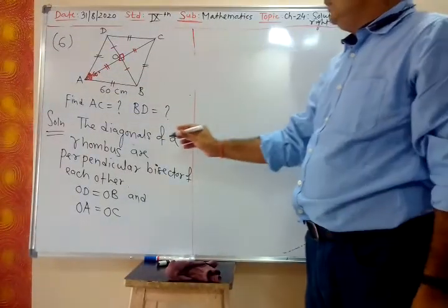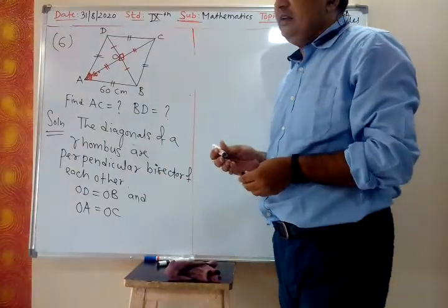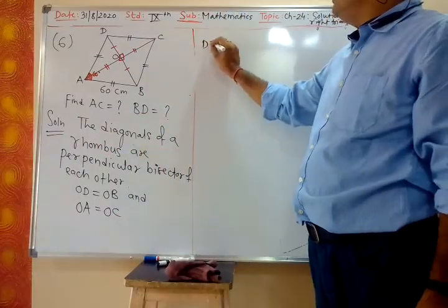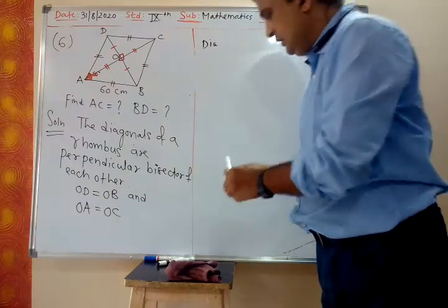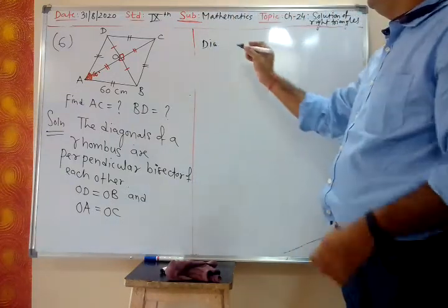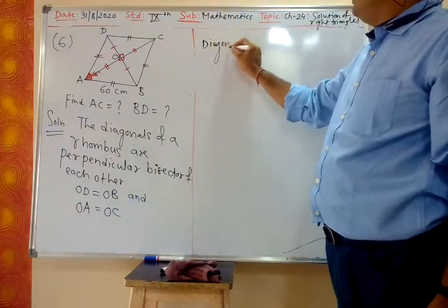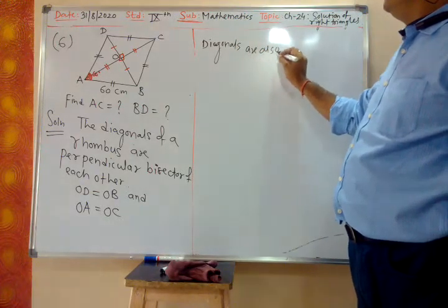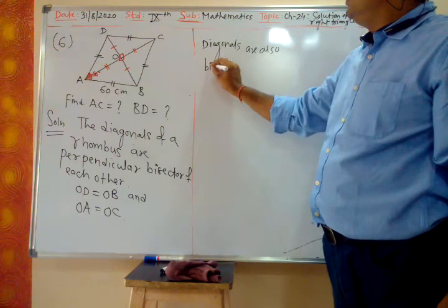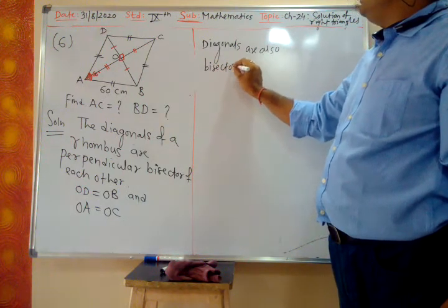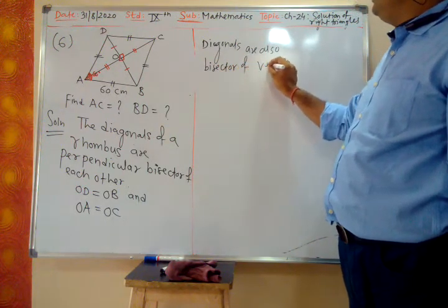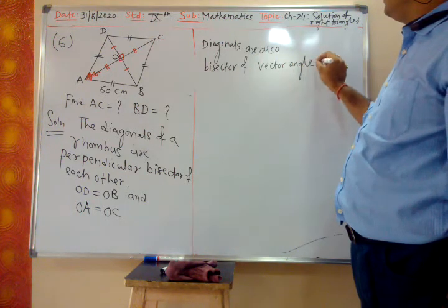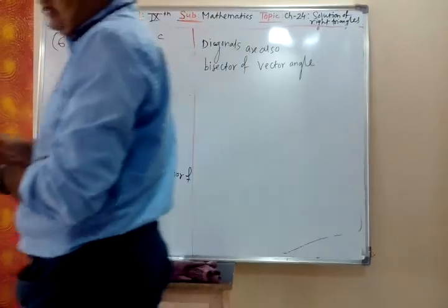Second thing, they are perpendicular bisectors of each other and the diagonals are also bisectors of the vertex angle.